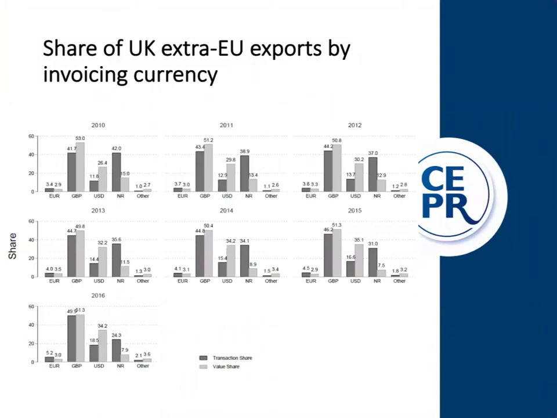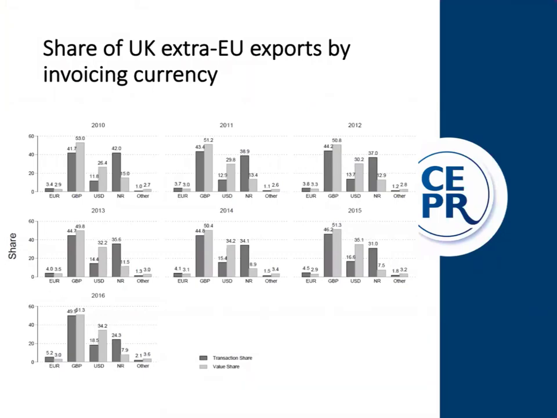When we get to the US dollar, about a third of UK trade is invoiced in dollars. A lot of this represents trade going to the United States, but quite a bit also will reflect trade invoiced in US dollars going to third countries. So for example, Canada. And finally, under other, we have currencies like the yen and the Swiss franc.